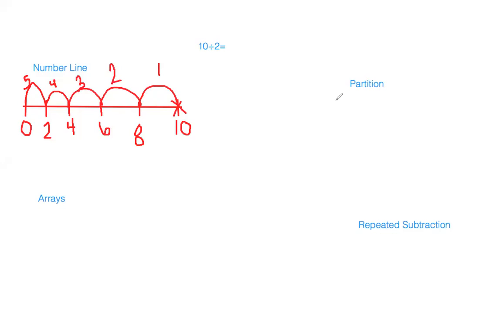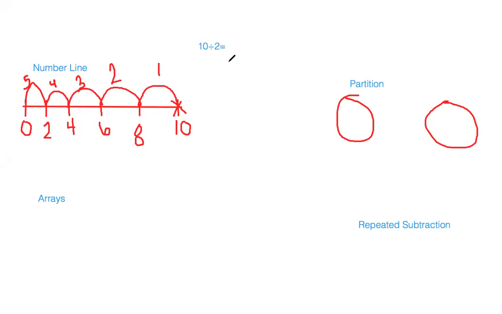Okay, with partitioning, that means I'm going to take my 10 pieces that I have and partition or evenly divide them one at a time into 2 groups. So I'm going to start by drawing my 2 groups. 1 and 2. And that 2 comes from right up here, this 10 divided by 2.